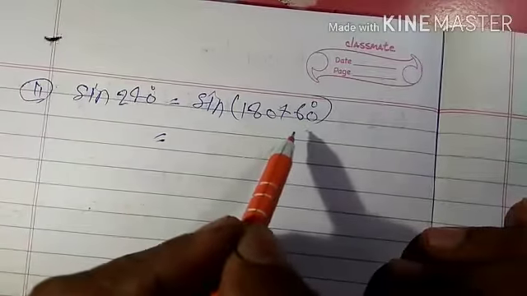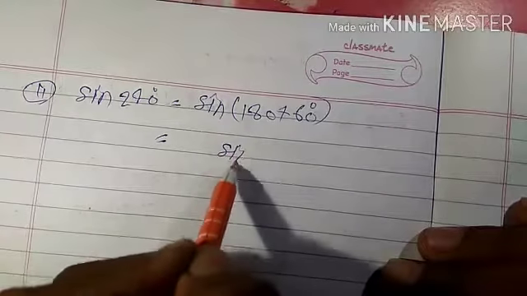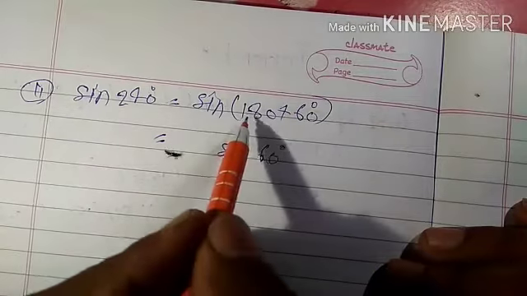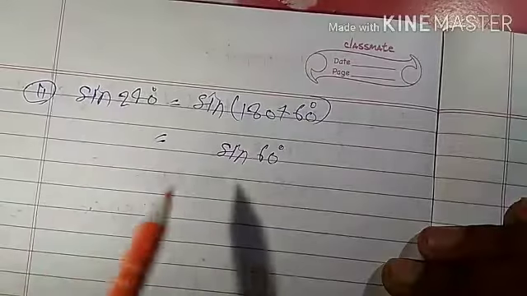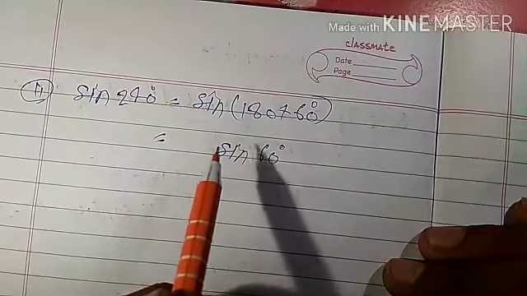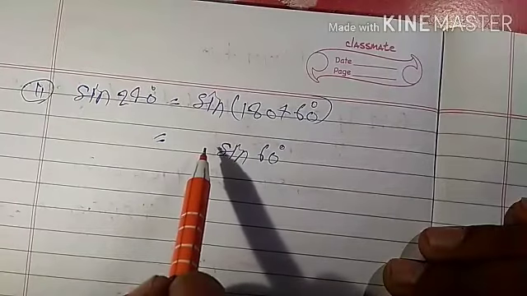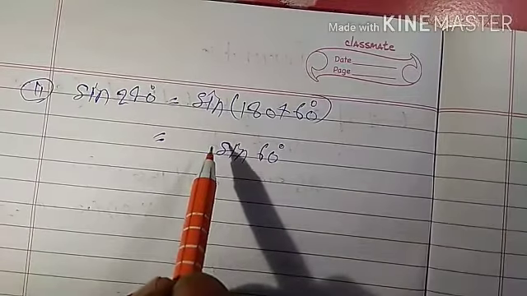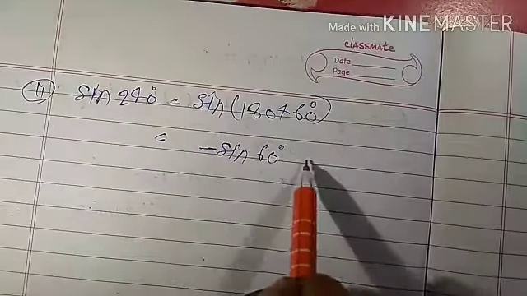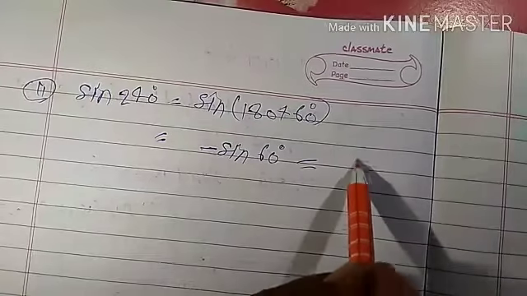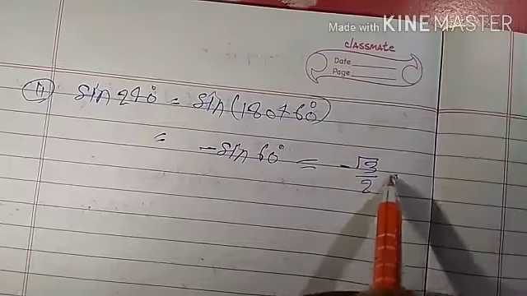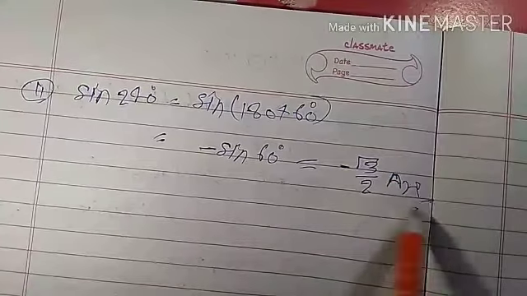Since 180 plus theta, the function does not change, we can write sin 60 degrees. With 180 plus theta the angle is in the third quadrant, so in the third quadrant only tan theta and cot theta are positive and the 4 other functions are negative, so that is minus sin 60 degrees. The value of sin 60 degrees is equal to square root 3 by 2, so minus square root 3 by 2 is the right answer.